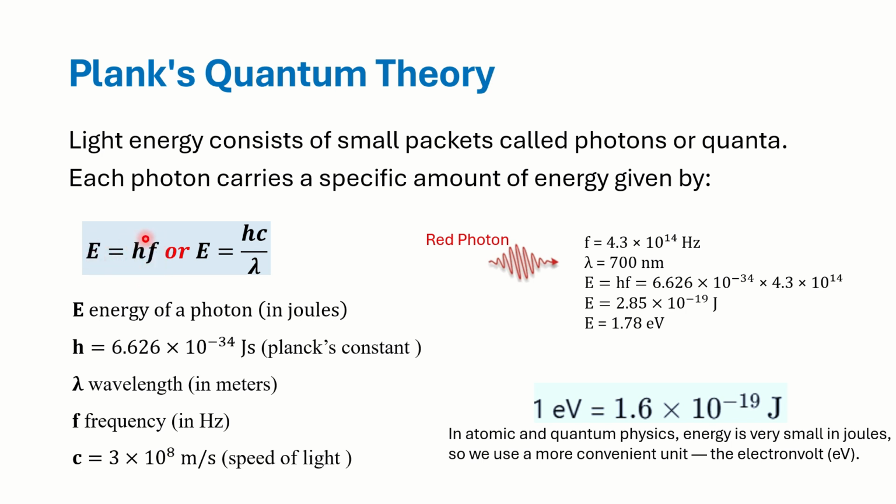Direct relationship, the frequency and the energy. Whereas in terms of wavelength, the more the wavelength of the photon, the less the energy of the photon. So the wavelength and the energy are inversely proportional.